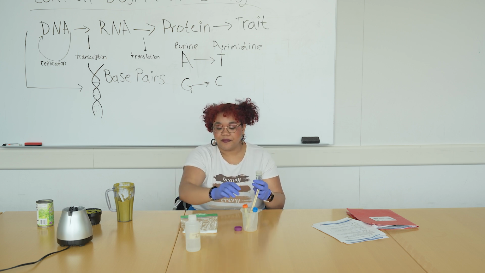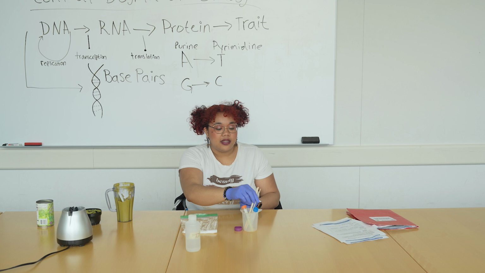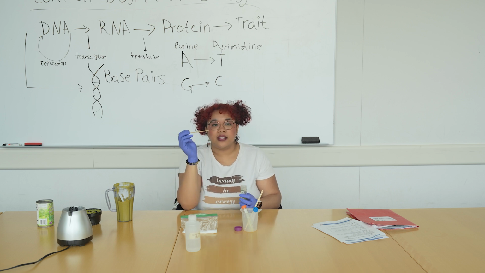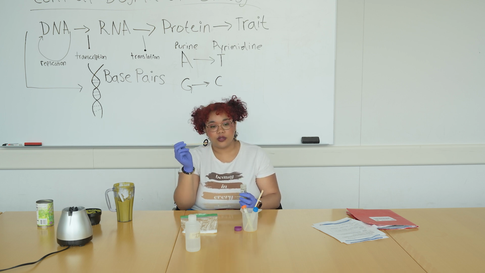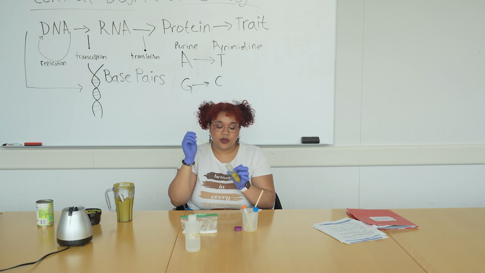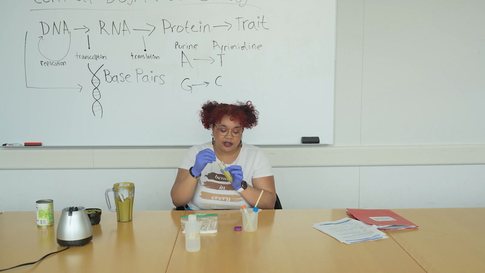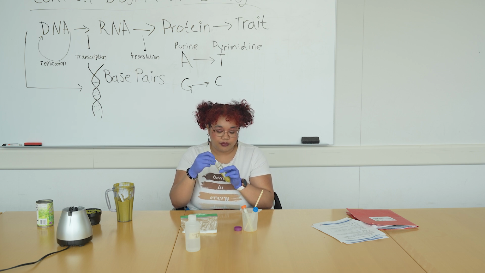so we can get access to our DNA. And within your kit, you can have these things like wooden sticks, or if you have access to spoons, and you'll just want to mix together your detergent with your pea soup.